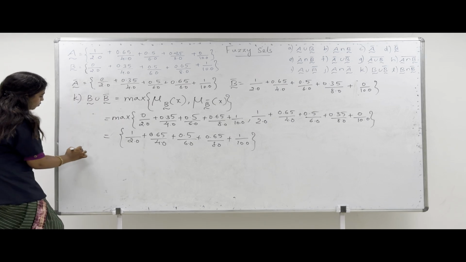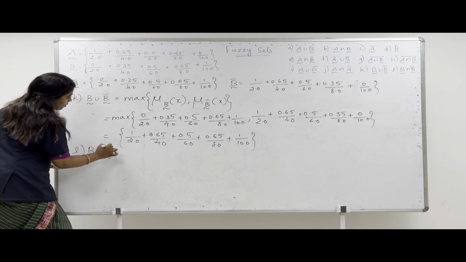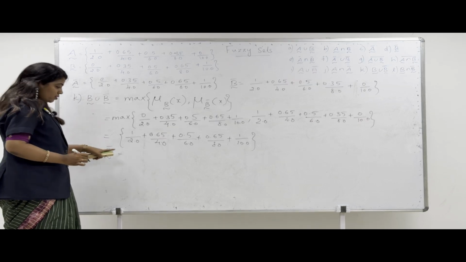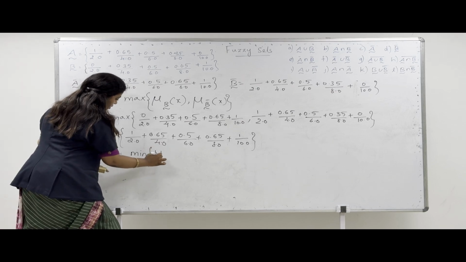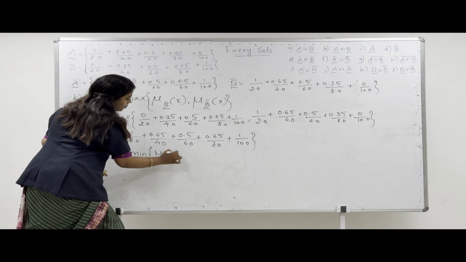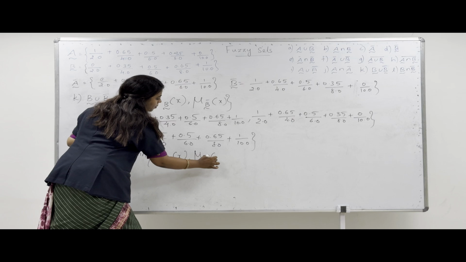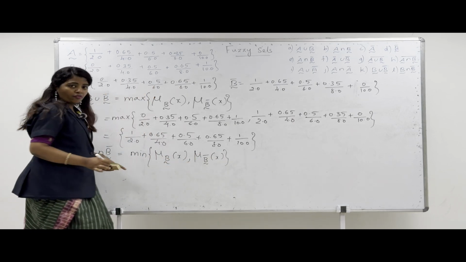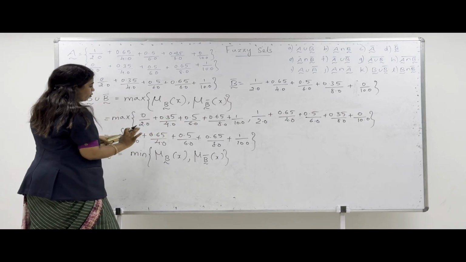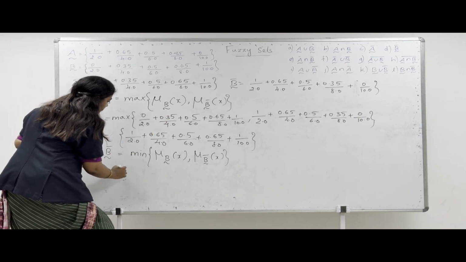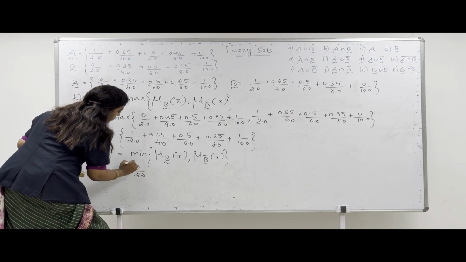Then the last one we have to find is B intersection B bar. If there is intersection, what do you have to write? Min. So min of membership B of x comma membership B bar of x. So, this is the formula. Taking the same values, you have to find min. 0 and 1, 0 is the minimum.